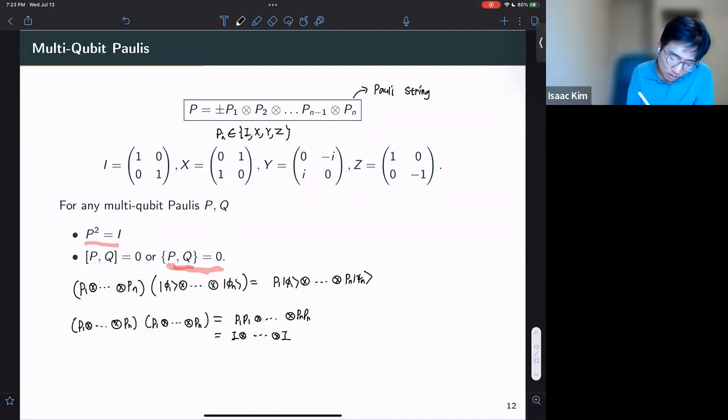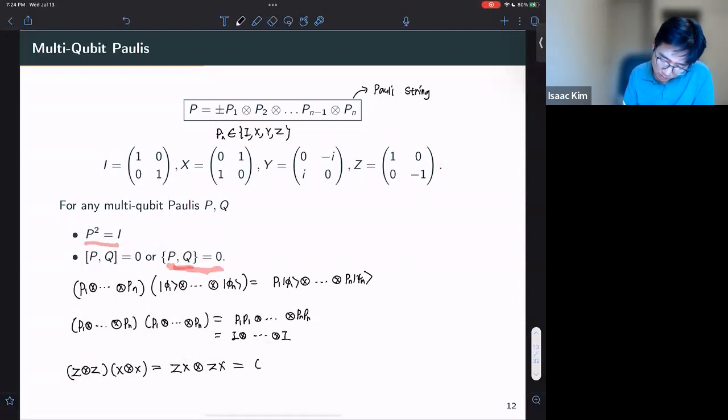For example, let's say I have Z tensor Z and X tensor X. And imagine I try to change the order. So this is equal to ZX tensor ZX, which is equal to minus XZ times minus XZ. Z and X anti-commute with each other, so that's why I have the minus signs.